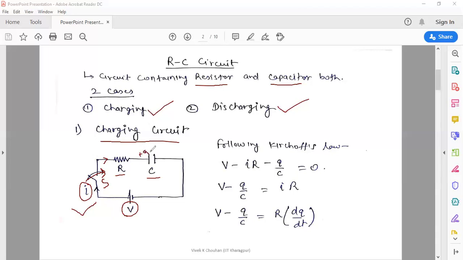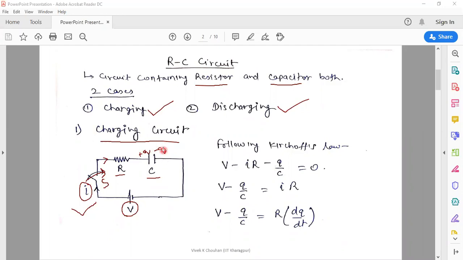The charge plus Q will start accumulating over this plate, and a charge minus Q will start accumulating on the next plate.